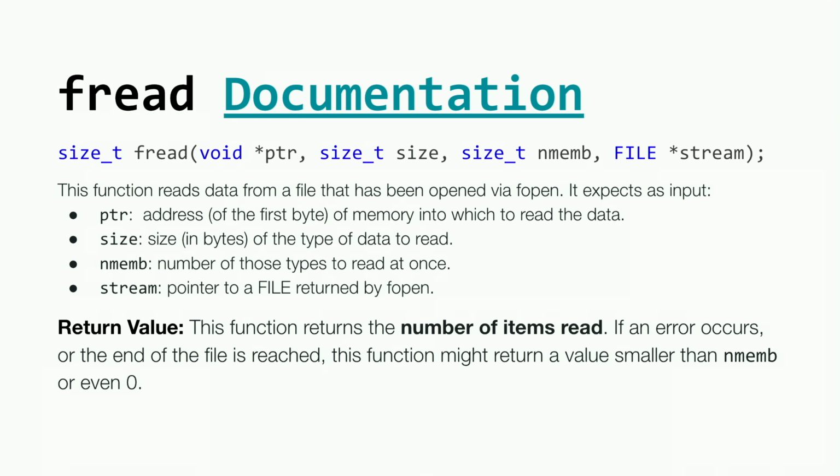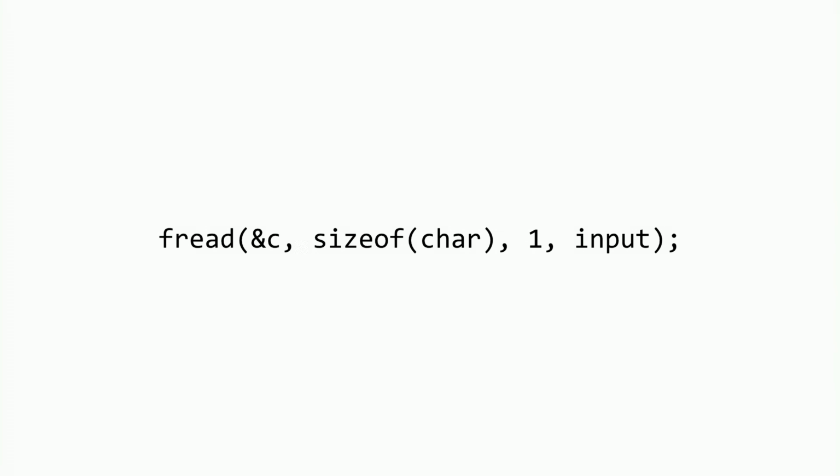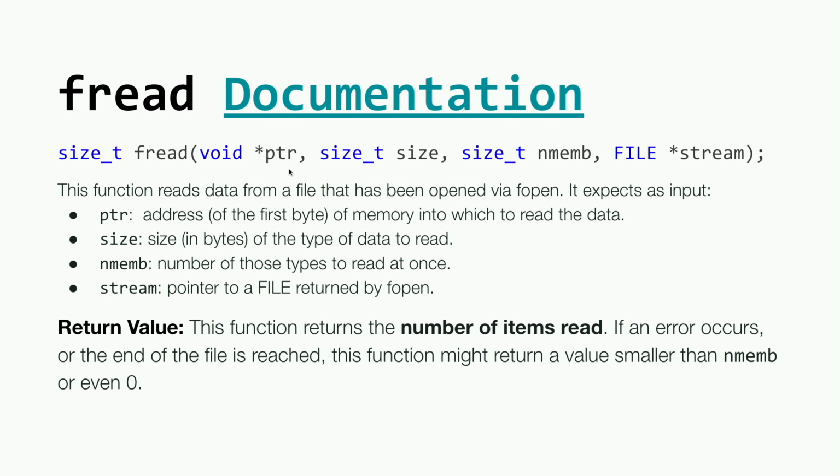And so what do those inputs mean? Here we have &c, so the address of c, we'll talk about what c is, sizeof(char), and then 1, and then input. So what does that actually mean? So the first thing is a pointer, so the address of the first byte of memory into which to read the data.